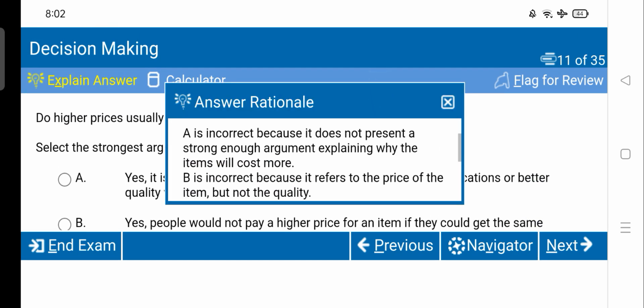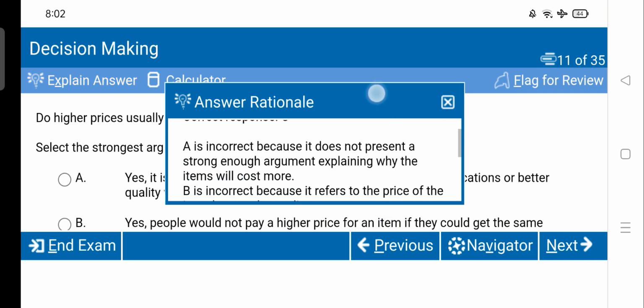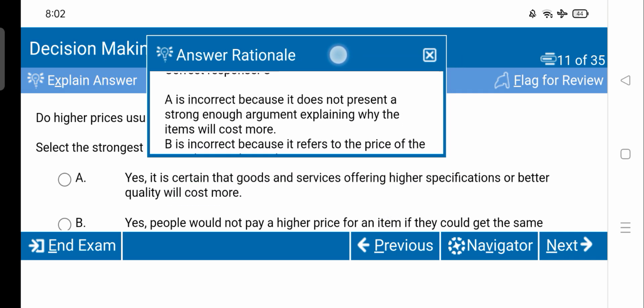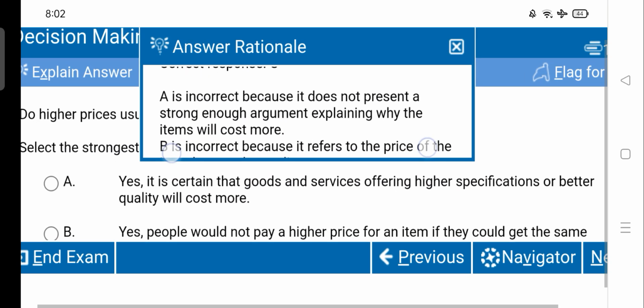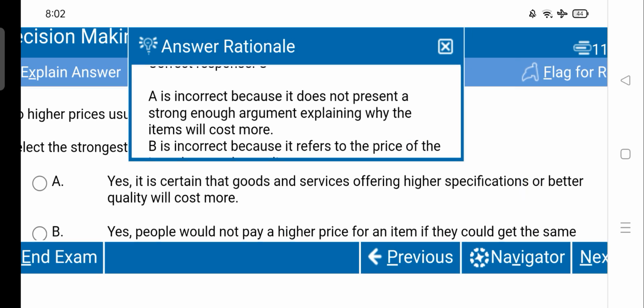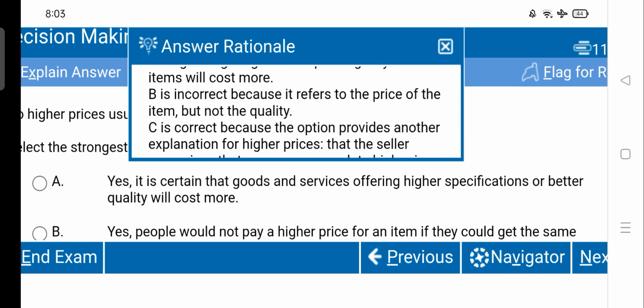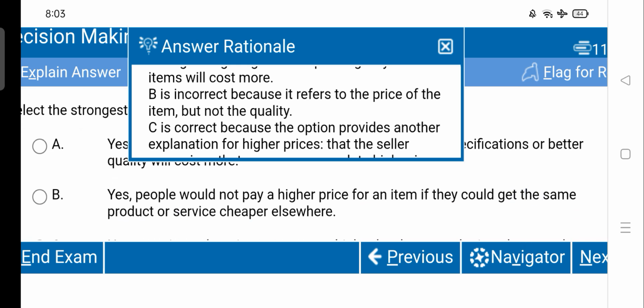So here we have option C is correct and option A is incorrect because it does not represent a strong enough argument explaining why the items will cost more. B is incorrect because it refers to the price of the item but not the quality.